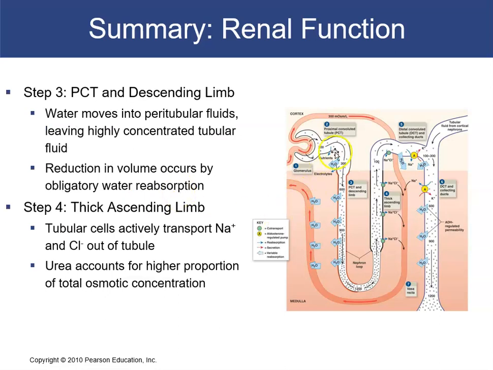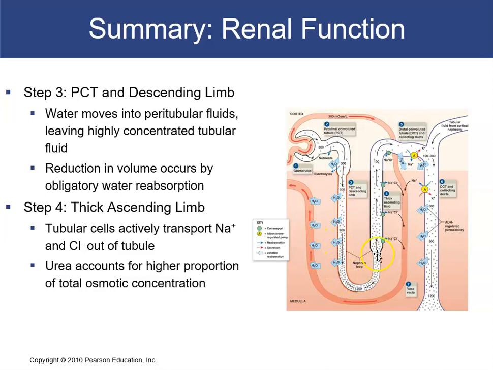Then it goes from the proximal convoluted tubule into the descending limb of the loop of Henle. This is where water is going to be removed and go into the peritubular fluids, leaving behind this highly concentrated tubular fluid. Reduction in volume here occurs through this obligatory water reabsorption.